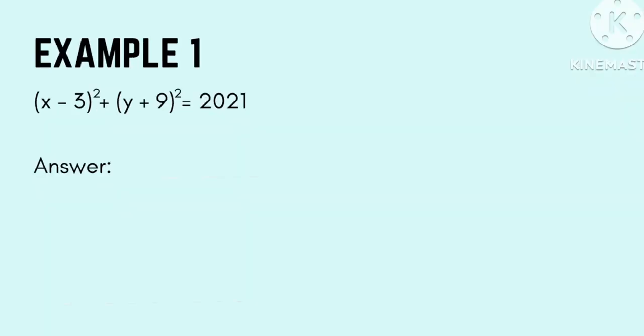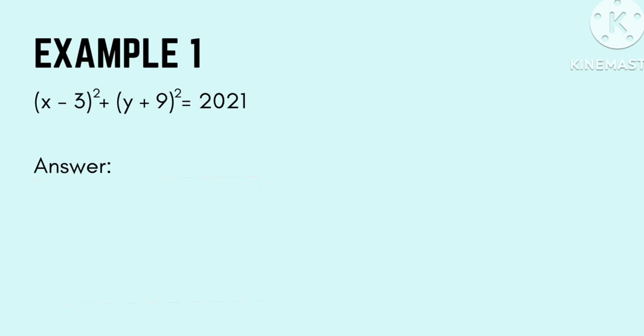Let's try a simple problem. For example number 1, we have (x minus 3) squared plus (y plus 9) squared equals 2021. Let's try to find the center and the radius. Looking at our equation and looking at the standard equation of circles, we can already tell the answer.